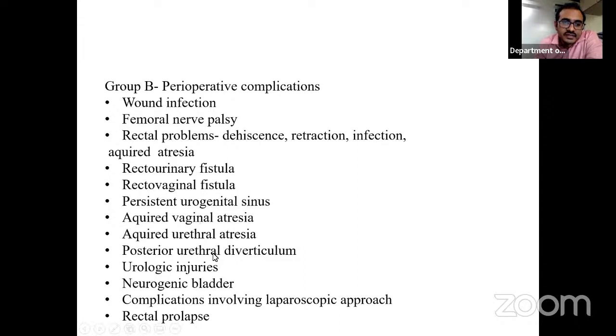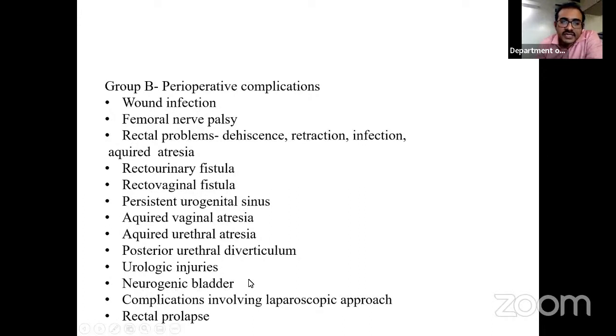Then posterior urethral diverticulum, which occurs when we divide the fistula and leave very big rectal tissue on the urethra. This is a very problematic thing to manage. Then urologic injury: many times if we don't get a proper plane, there may be injury to the vagina or urinary bladder.